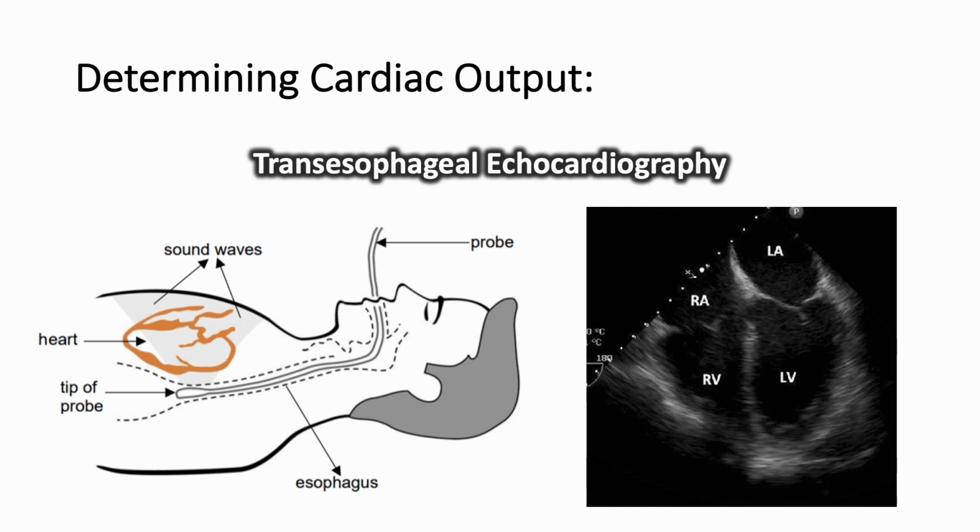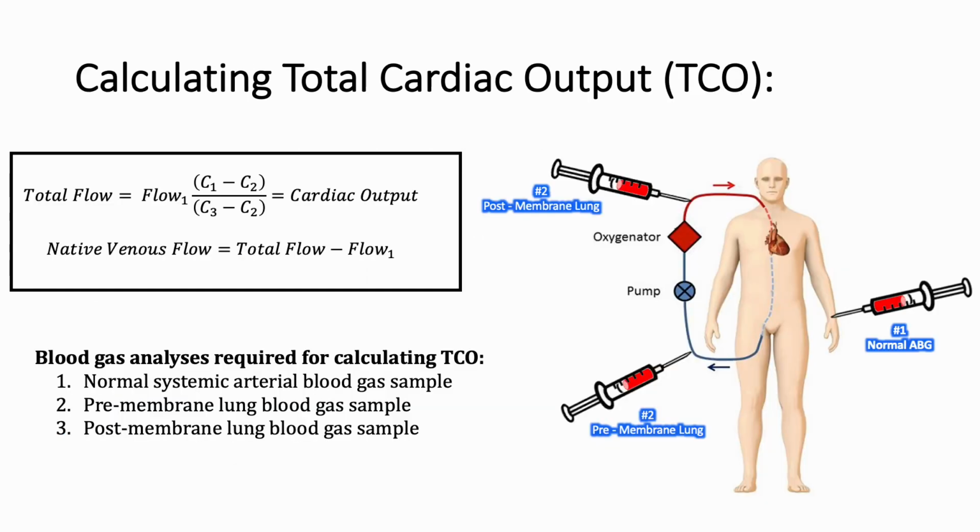Unfortunately, access to transesophageal echocardiography can be quite limited, complicating the measurement and certainly the repeat assessment of cardiac output in our VV-ECMO patients. Luckily, a third option exists where we can use data from the patient and the VV-ECMO circuit itself to estimate the patient's native cardiac output.